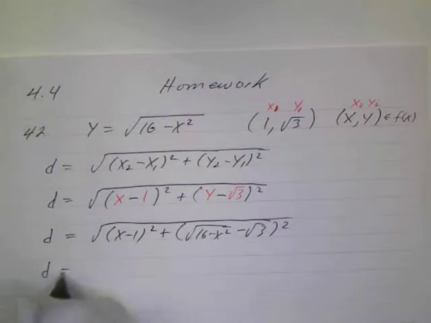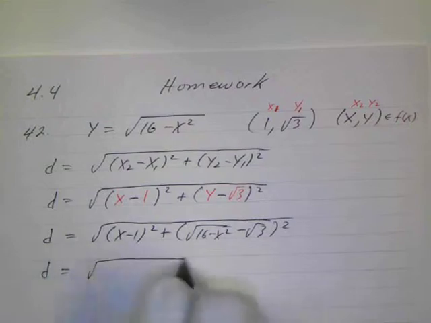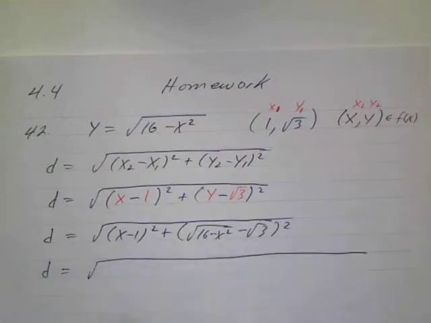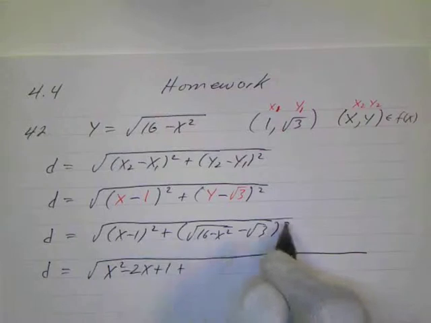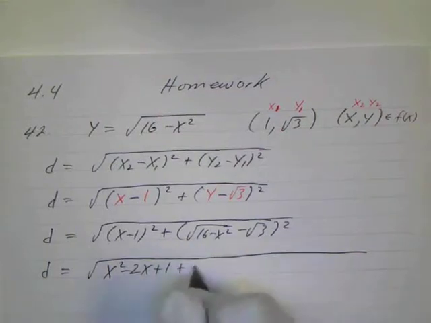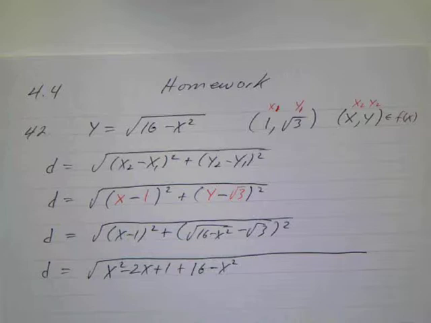So distance equals, give myself lots of room here, x squared minus 2x plus 1. So that was nice. And then we've got to square this. It's the same thing, the first term squared, so that's 16 minus x squared. And then minus twice the product.